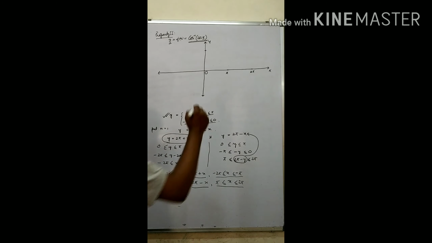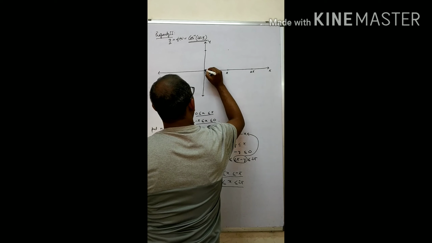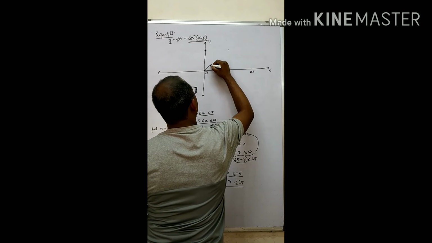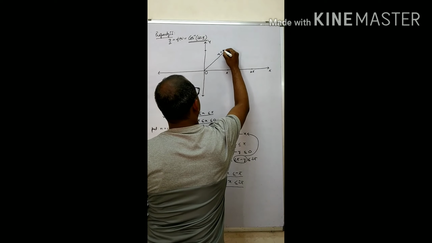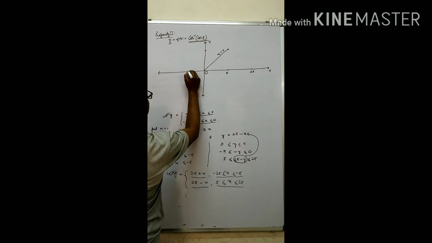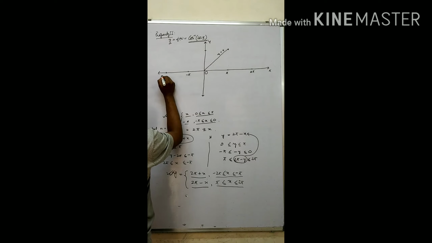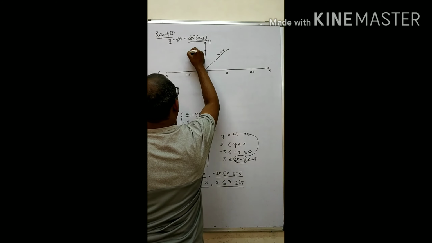So y equal to x in 0 to pi. Then this one is saying from minus pi to 0 it is minus x. So minus pi to 0, minus pi, minus 2 pi. Minus pi to 0 it is minus x.